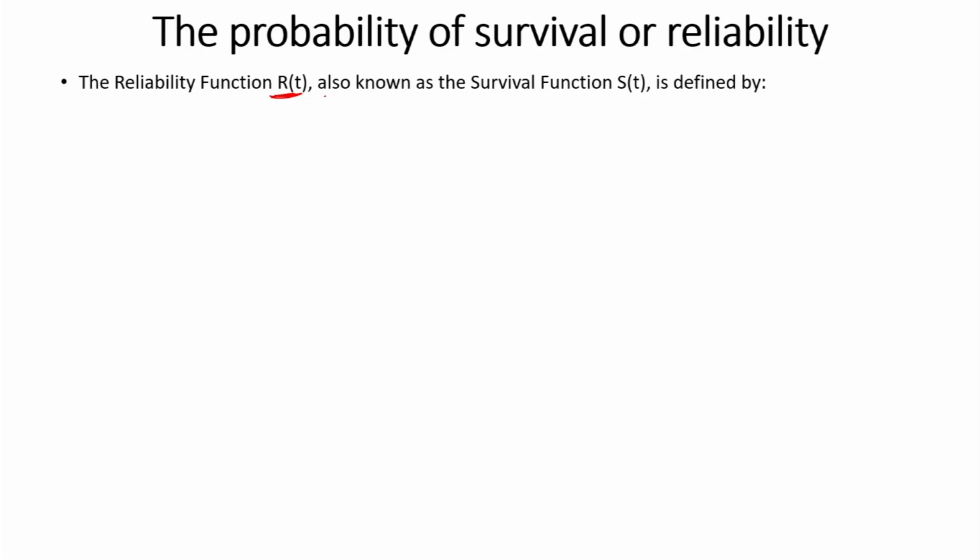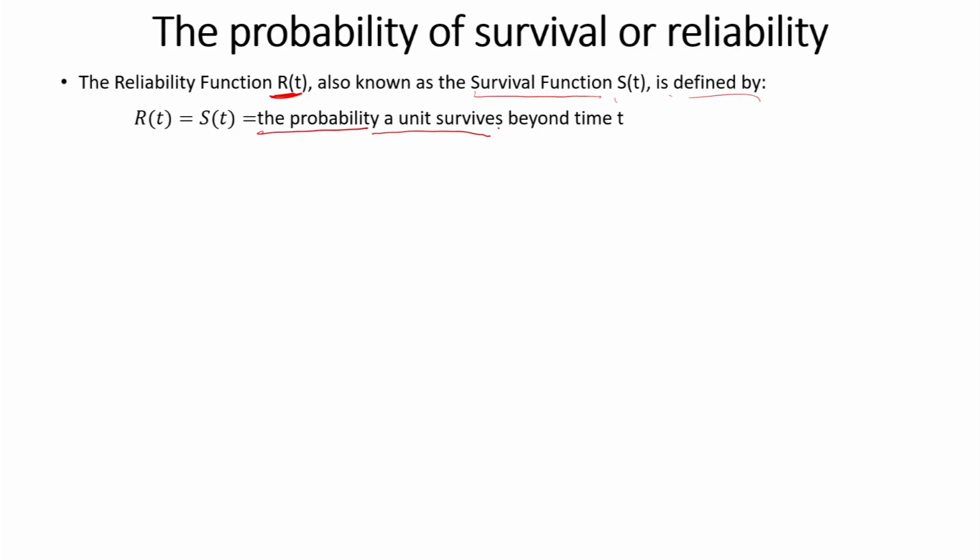It is also known as the survival function S(t), and R(t) is equal to S(t), both are the same. R(t) is the probability that a unit survives beyond time t. What does it mean? That at time t, it is functioning.